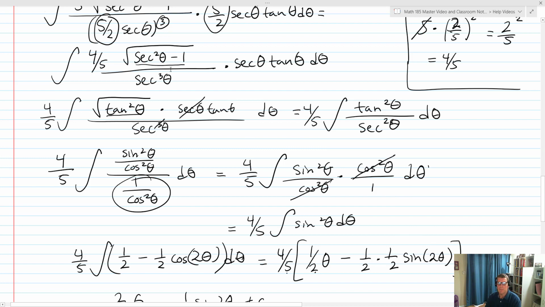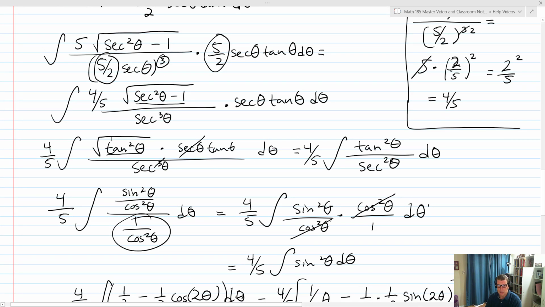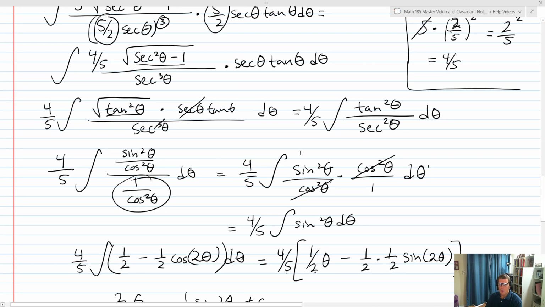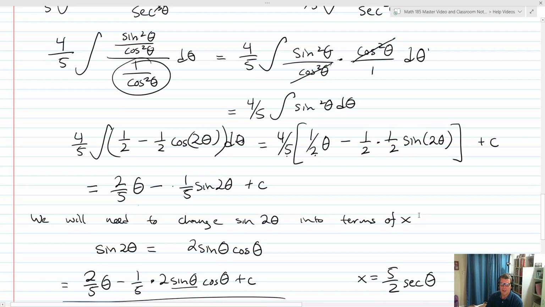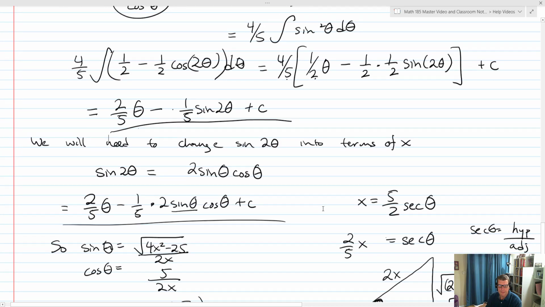So we plugged it in, we made the substitution, secant squared theta minus 1 for tan squared theta. We made even more substitutions and simplifications, until finally we ended up with something that we could integrate, and we in fact did integrate it. So this form right here, 2/5 theta minus 1/5 sine 2 theta plus c, that's all good.